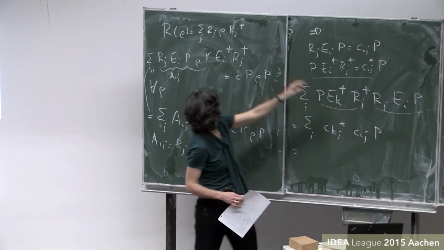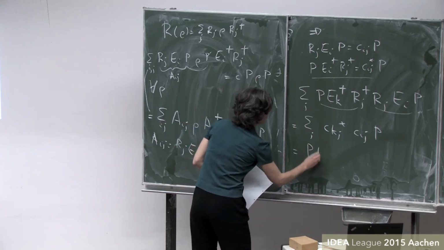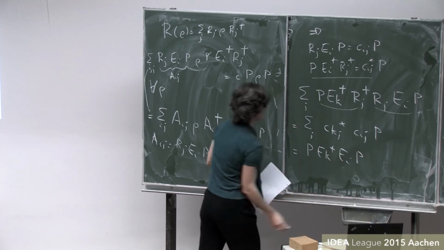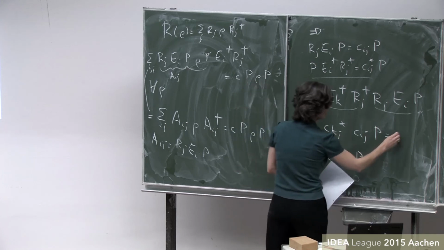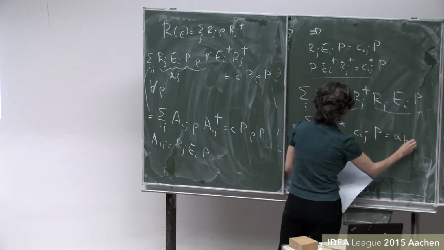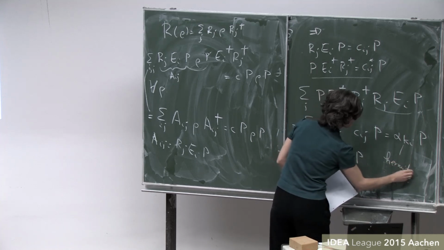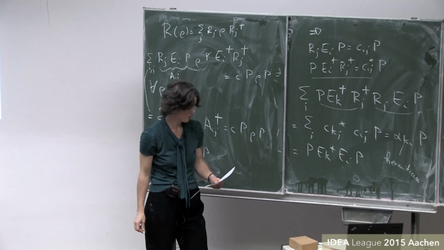Because that was a super operator which obeys this condition. So this is P, E_k dagger, E_i, P. And this I can rewrite. This object is just some alpha_ki P, where alpha is Hermitian. Which can be verified because it comes out of this.